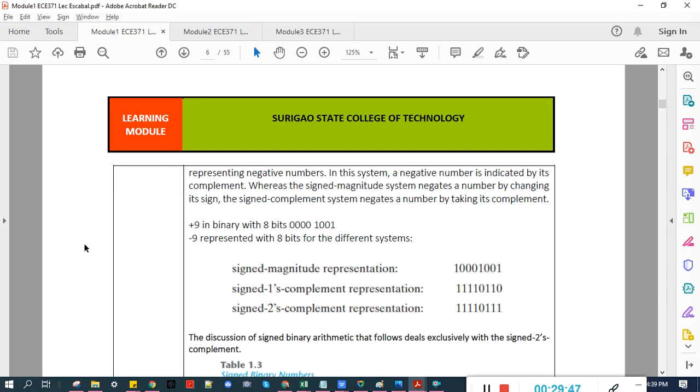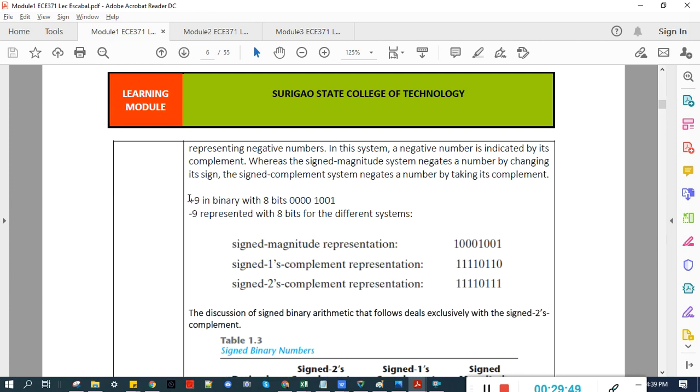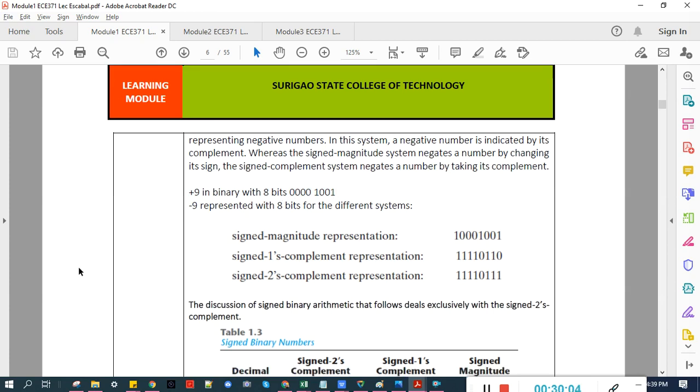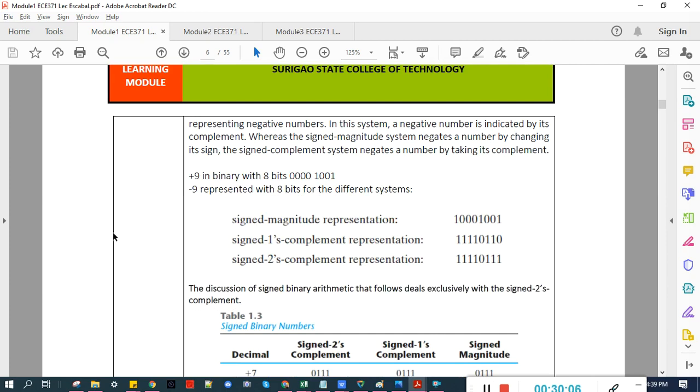See an example. Positive 9 in binary with 8 bits is 4 zeros and then 1001. Negative 9 represented with 8 bits depends on the system that we are using.